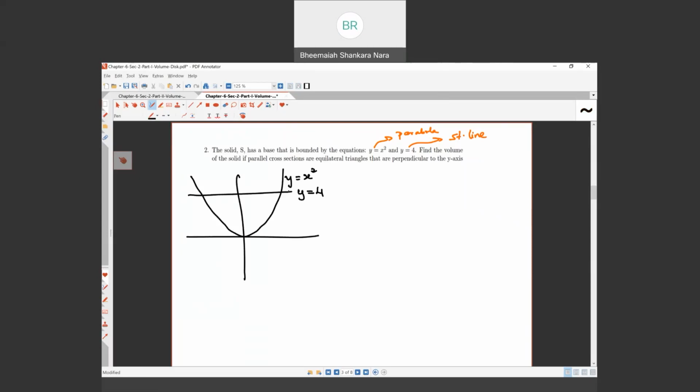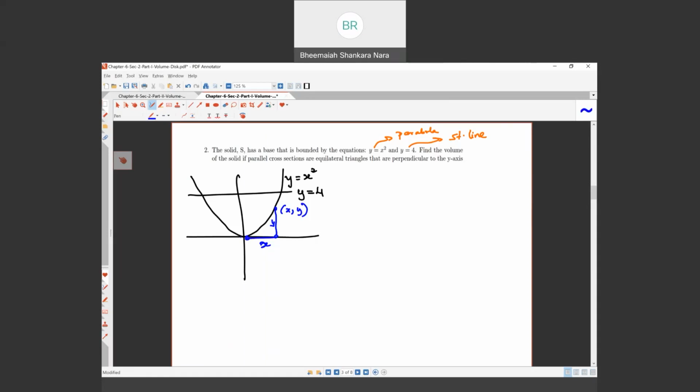Now let me mark a point here, say any coordinate on this curve as (x, y). You understand that this distance from here to here will be the x coordinate, and this will be your y coordinate if I say a coordinate as (x, y).